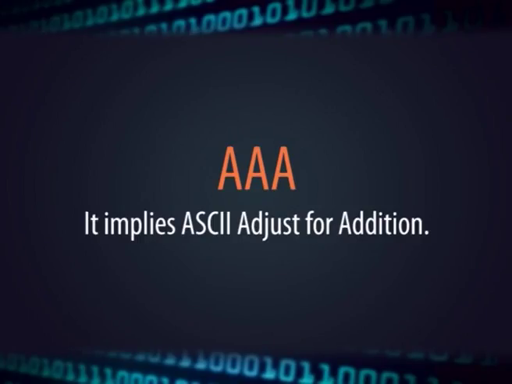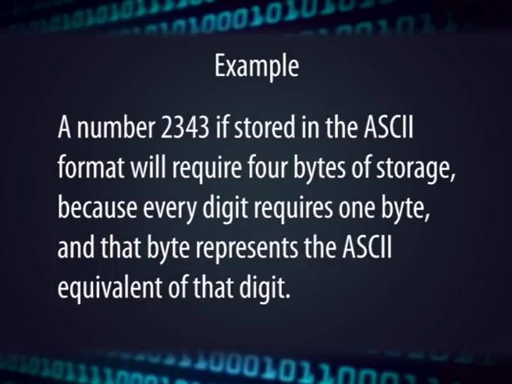The next arithmetic instruction available in the 8086 microprocessor instruction set is AAA, which implies ASCII adjust for addition. The instruction is useful for adding two numbers when every digit of the number is expressed in ASCII format. For example, a number 2343, if stored in ASCII format, will require 4 bytes of storage, because every digit requires 1 byte and that byte represents the ASCII equivalent of that digit.